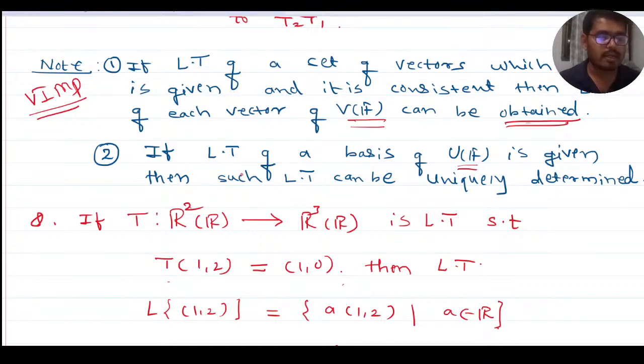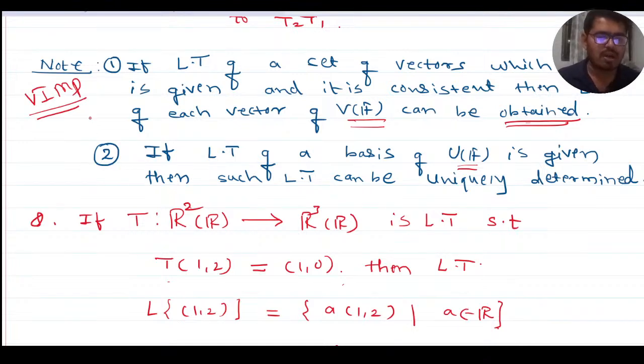That linear transformation we can determine uniquely. Suppose they give you the images of basis vectors, then there exists only one linear transformation corresponding to that basis. We will see some more examples. It is a very interesting point.